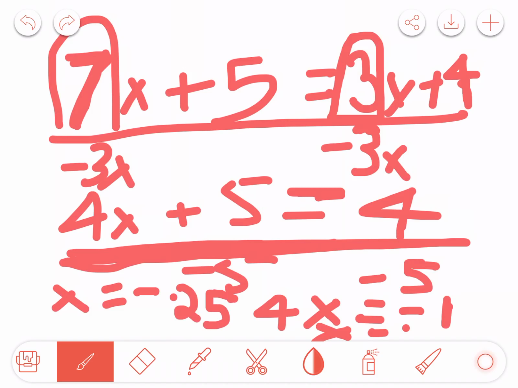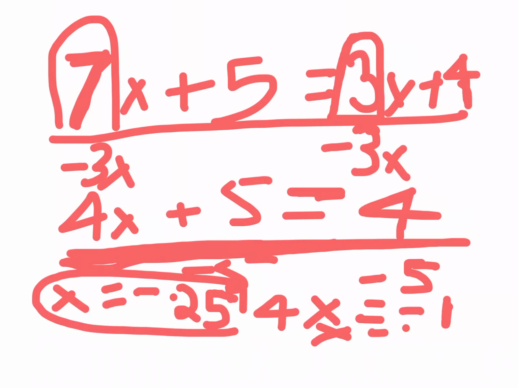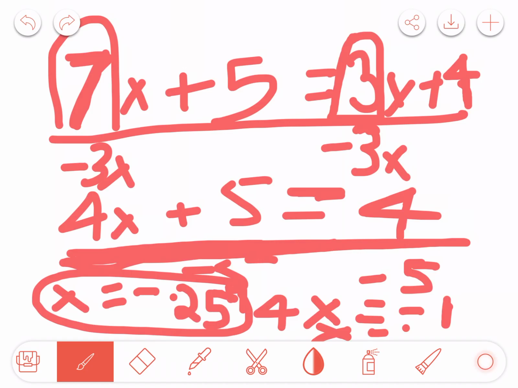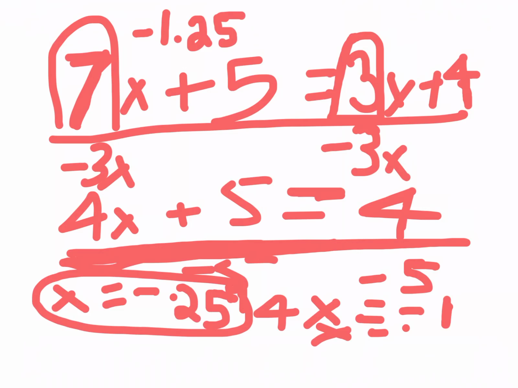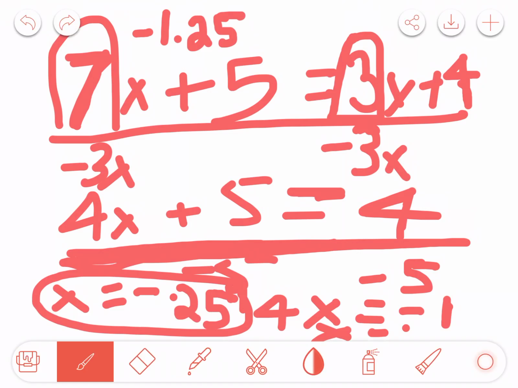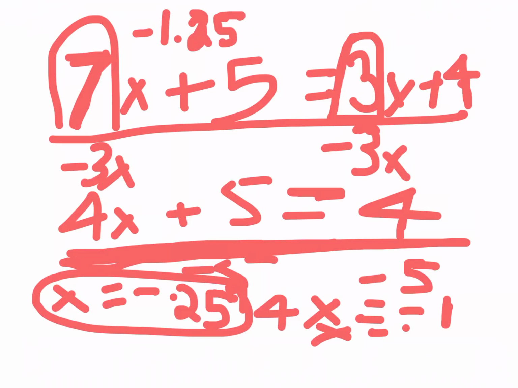Now you guys can double check your work too. -0.25 times 7 is -1.75, my bad.